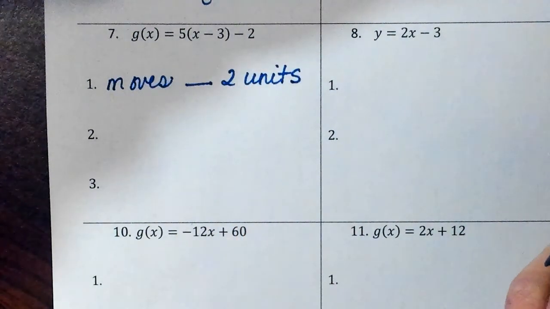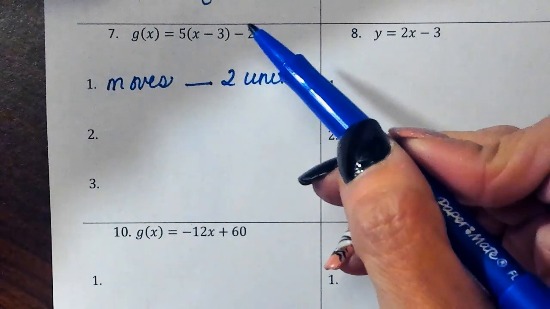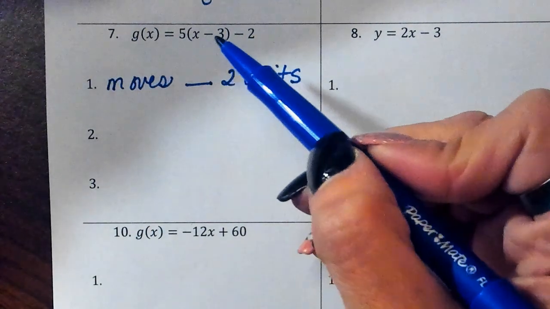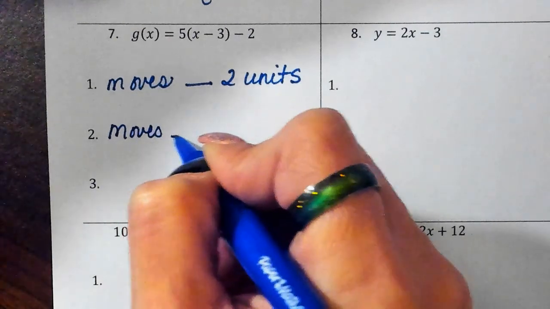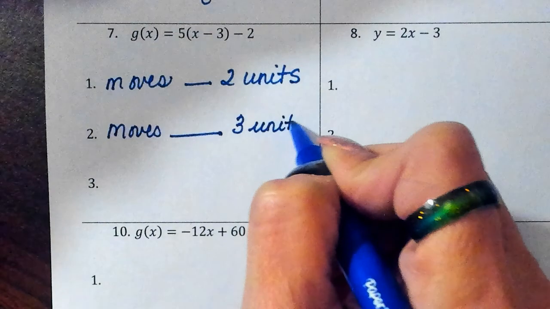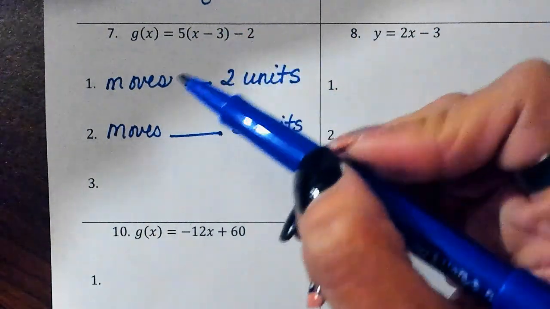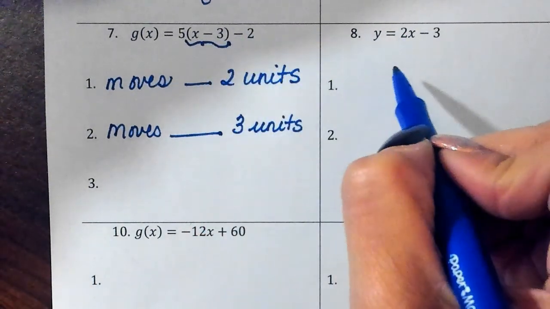Okay, I'm going to say that it moves which way 2 units? It's a -2, so it's moving down. Look at this movement with the x. X minus 3. Is that going to be moves left or right 3 units? Well, that's x minus 3. X's lie, so it's not moving -3, it's moving +3.